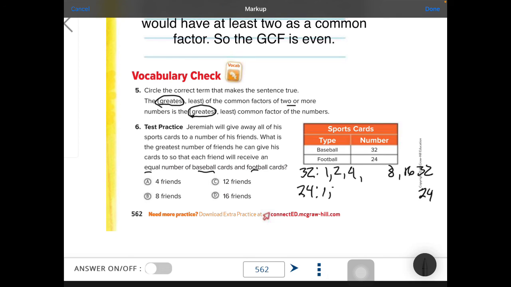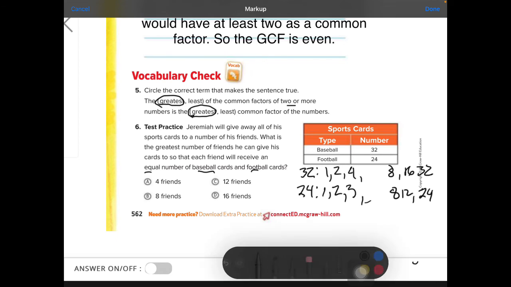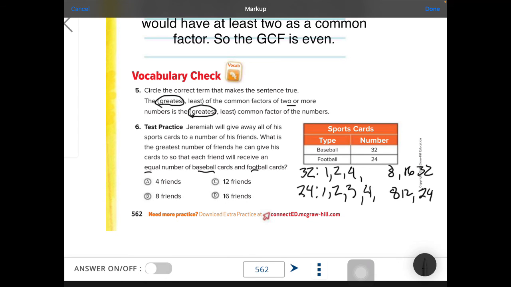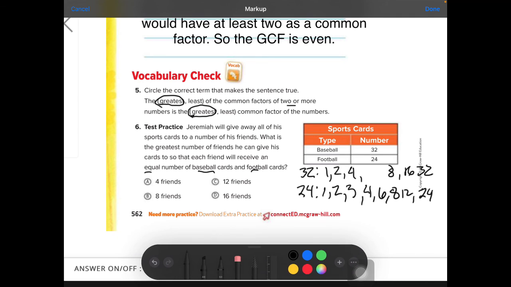We have 1 and 24. 2 and 12. 3 and 8. Okay, greatest common factor that we have among both of these would be 8.